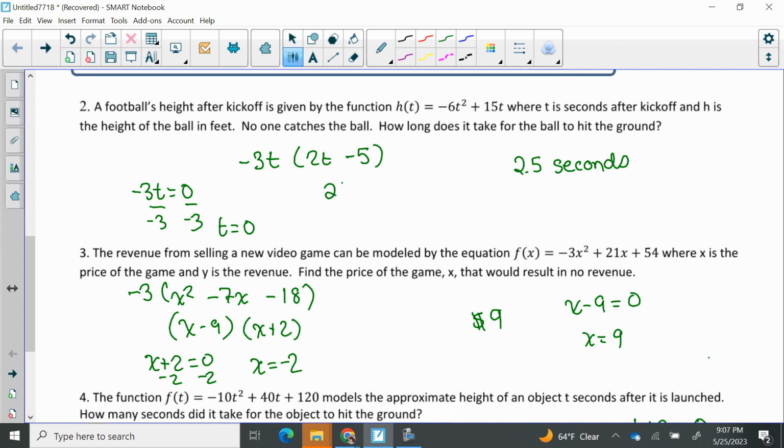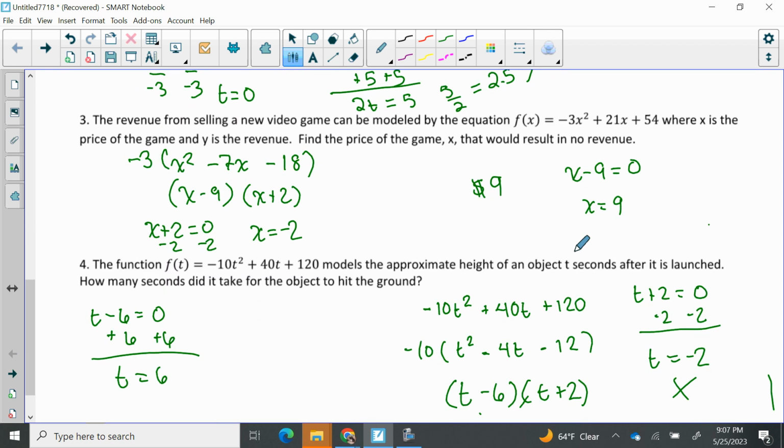But if I do 2t minus 5 and I set that equal to 0, I add 5 to both sides, and I get 2t is equal to 5. So 5 divided by 2 is 2.5. Okay, so that's 2.5 seconds.